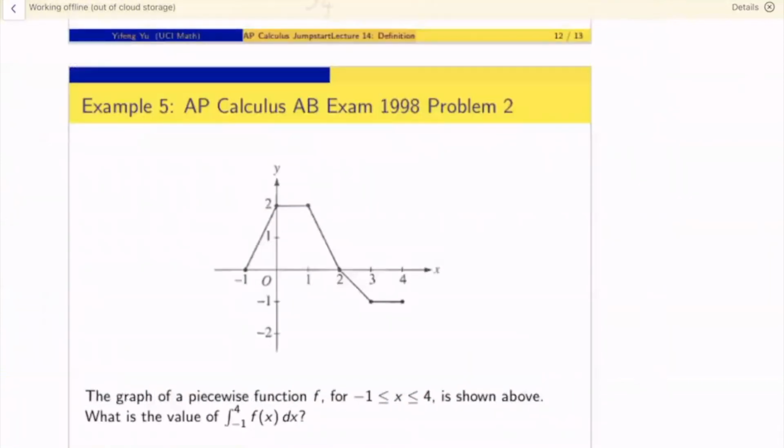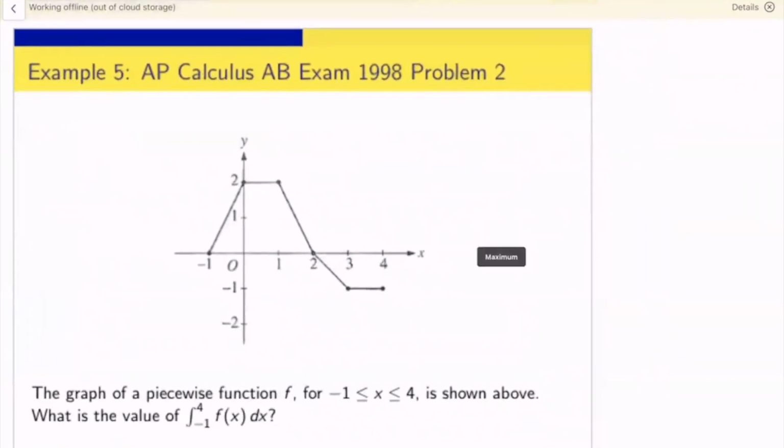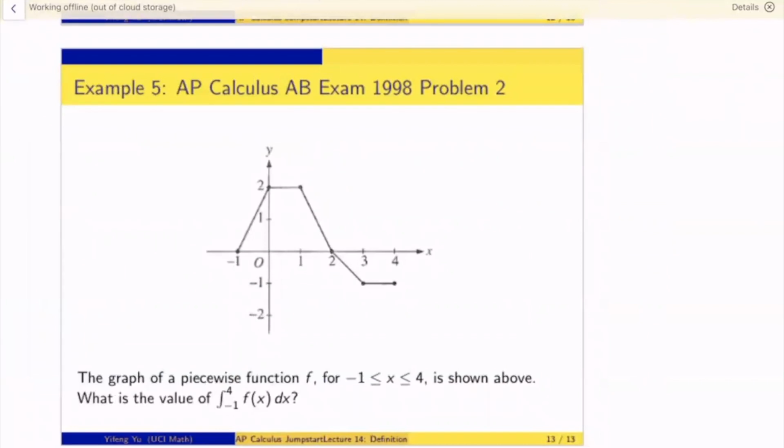Example 5. This is again a past problem from AP calculus. Here we have the graph of a piecewise function, and we want to find the integration from -1 to 4. When we look at this graph, one part is positive and another part is negative.